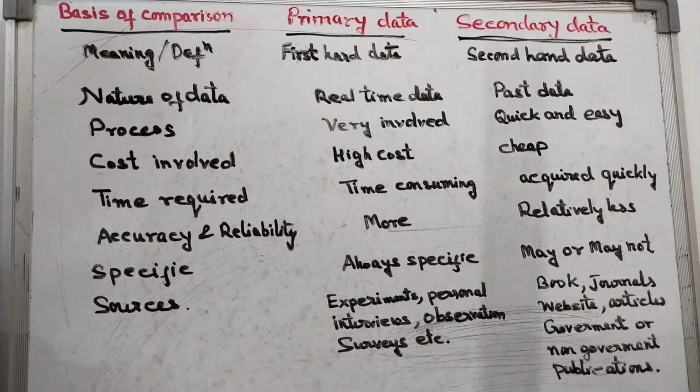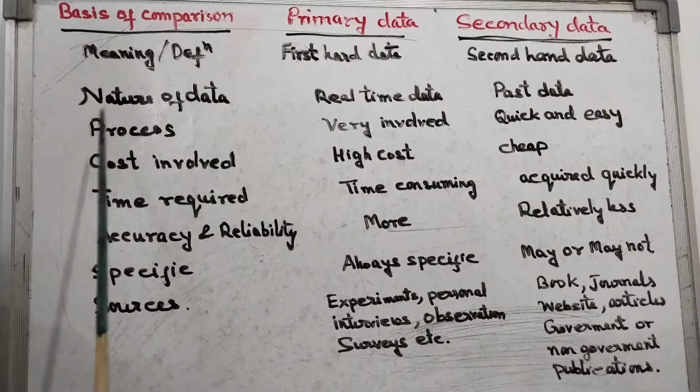As we know, primary data refers to the first hand data gathered by the researcher himself from the original source. Whereas secondary data is the data that has already been gathered or collected by others for their own purpose. Now the same data is being used by somebody else for their purpose. So these are second hand data.